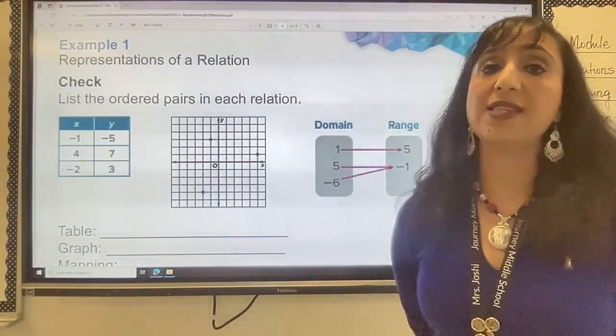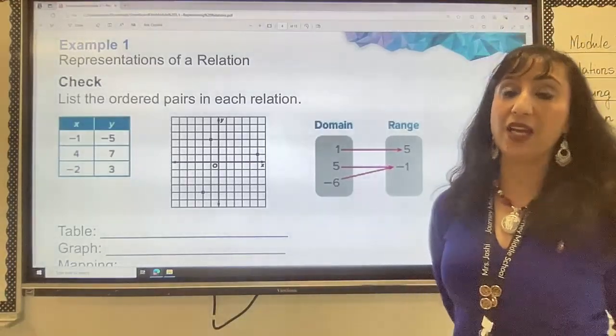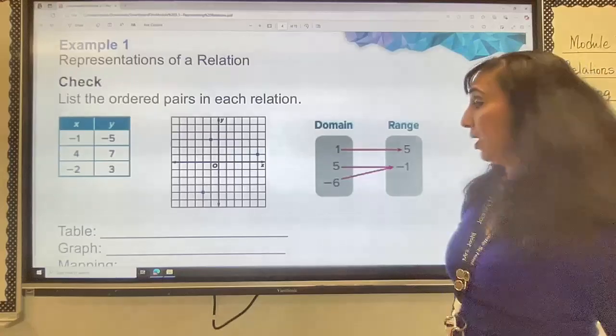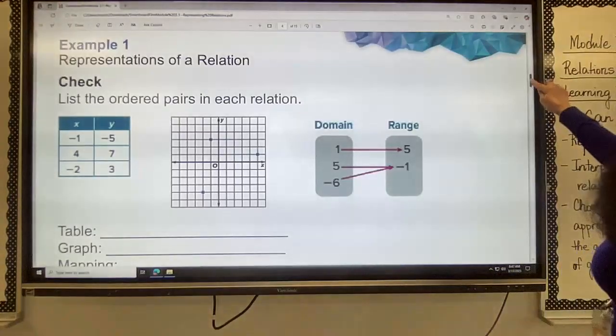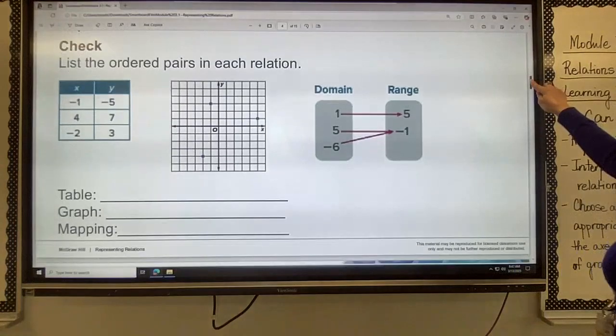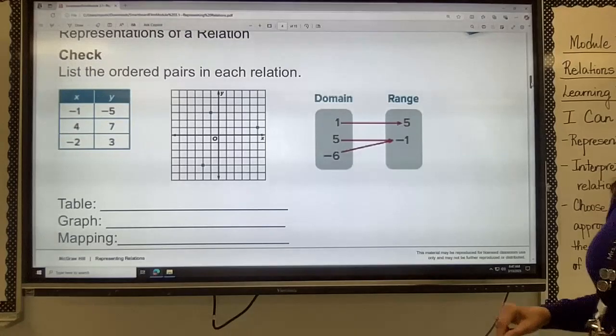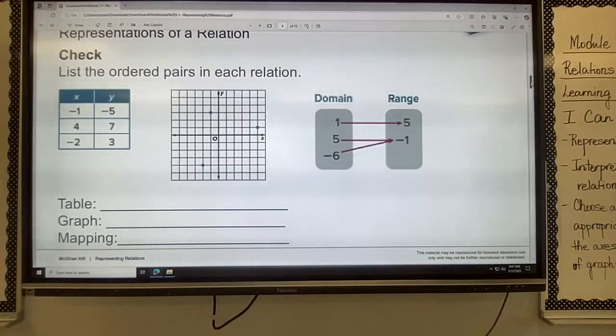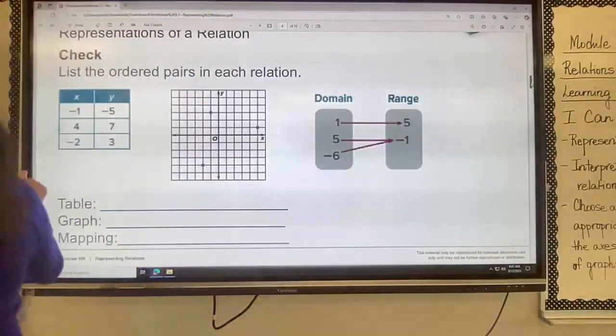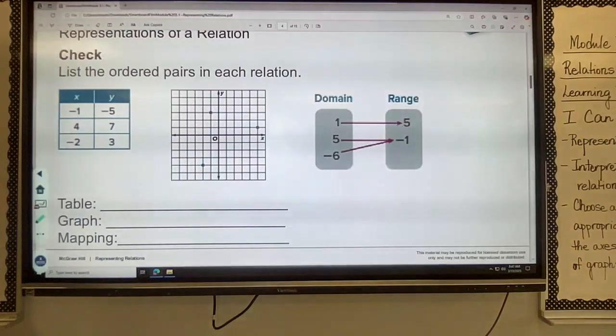So the check lists the ordered pairs in each relation. Now, let's look at the table first. And we are again going to go from the smallest to the largest.